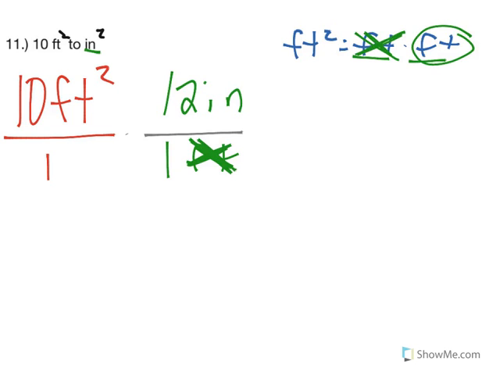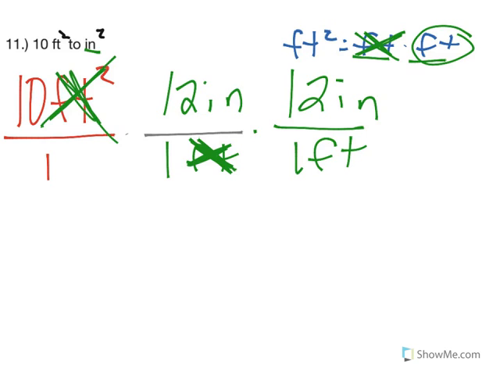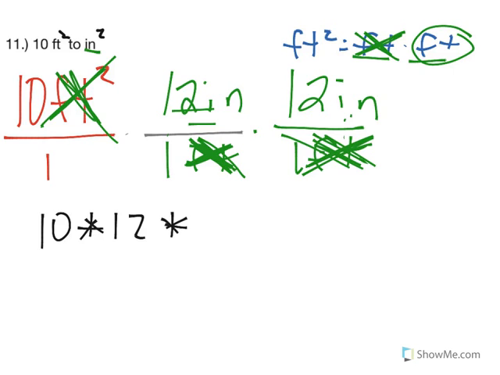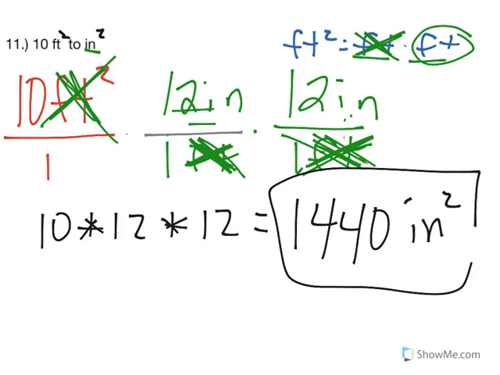You still have a foot left. So you've got to do this again. When I see feet squared, I've got to have 2 feet in the bottom, right? We've got to do it twice, once and twice, in order to make it work. So in this particular problem, I would take 10 times 12 times 12 for an answer of 1,440 square inches, because we have inches times inches, and that's 2 of them.